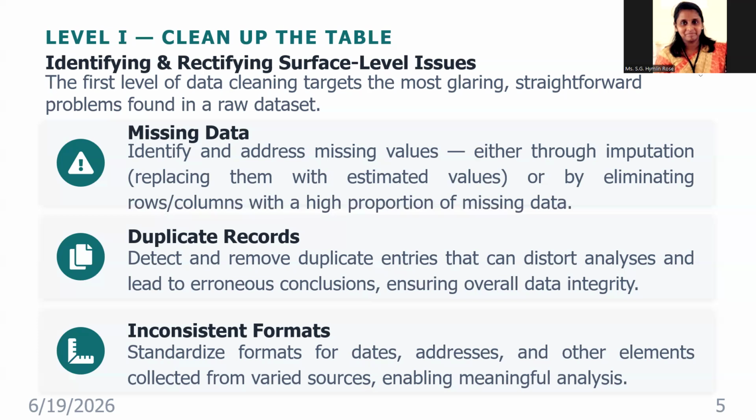These varied sources need to be handled to enable meaningful analysis. So cleaning up the table involves standardizing formats for dates, addresses and other data elements so that they can be processed and compared consistently.